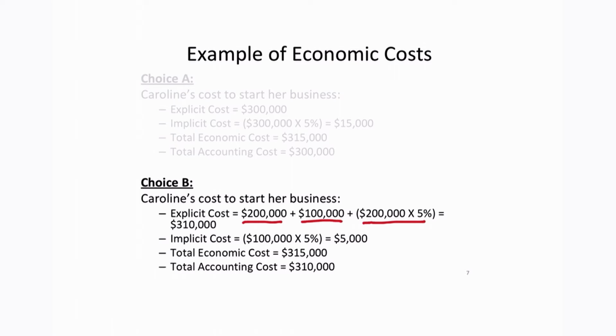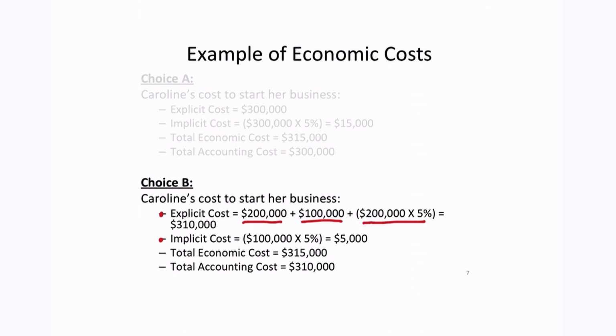So the total economic cost, the sum of the explicit and implicit cost, is $315,000. But her total accounting cost is $310,000. So for an economist, they would say it doesn't matter if Caroline chooses A or B. She's faced with the same cost if you account for the opportunity cost.